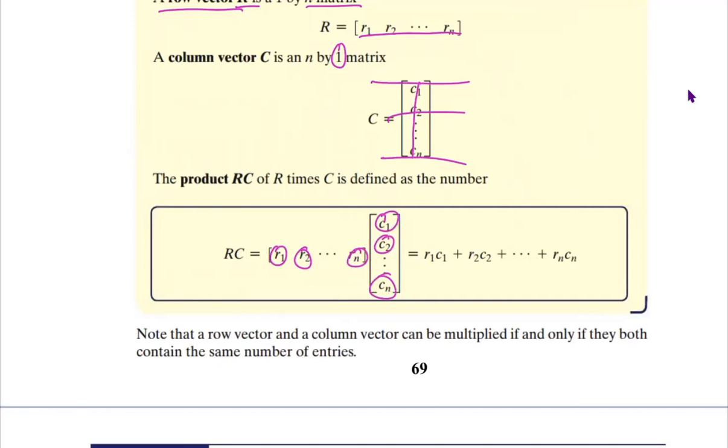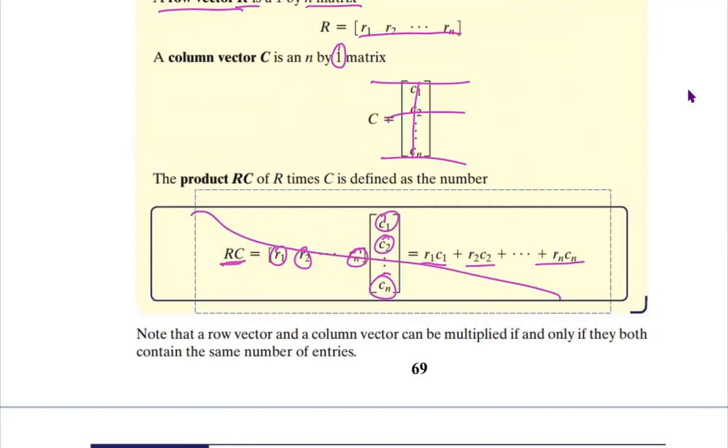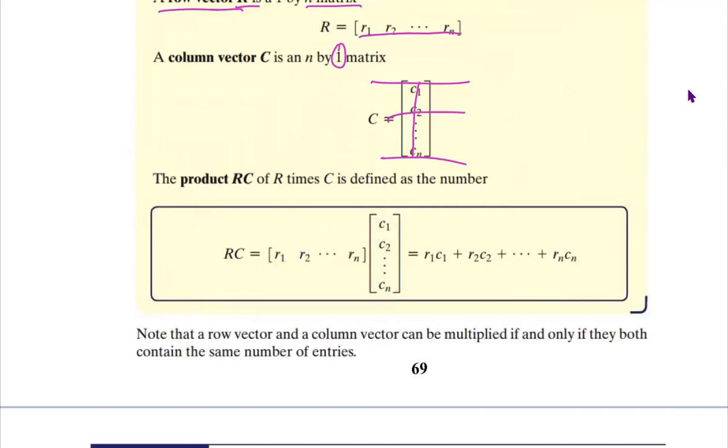So that explains why the product of the row vector and the column vector is equal to R1C1 plus R2C2, and so on, because you multiply the entries with the same numbers together.